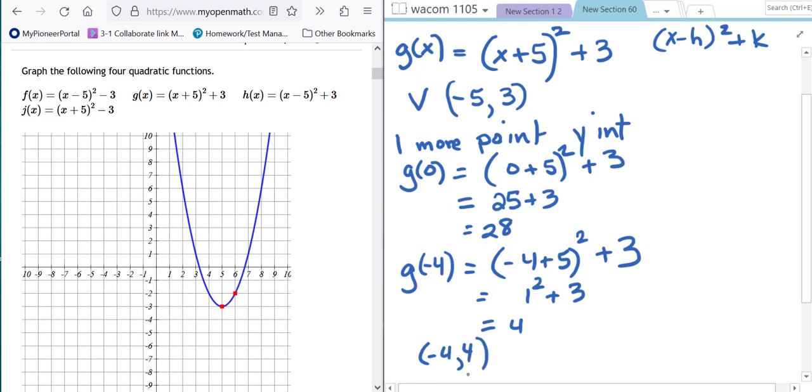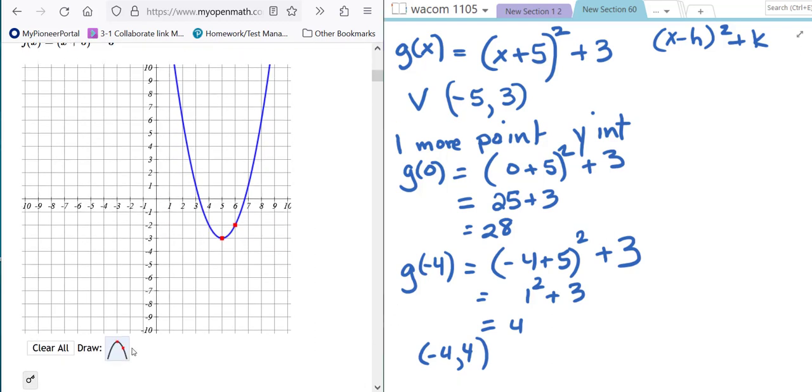Right, so -4, 4 gives my extra point. And my graph. So I'll do my vertex. So start at 0, 0. Whoops, you gotta click the tool first. Right, I want -5, 3. And -4, 4.